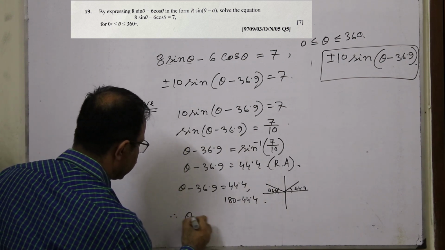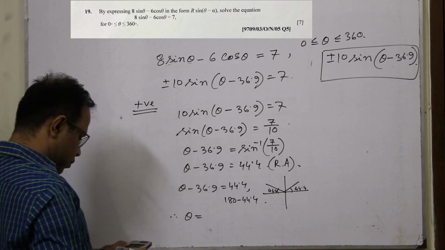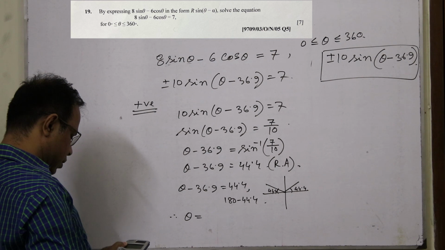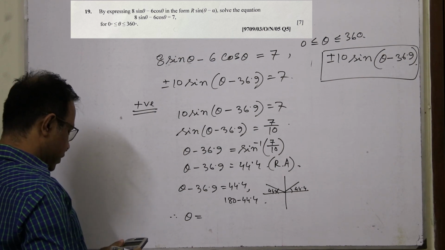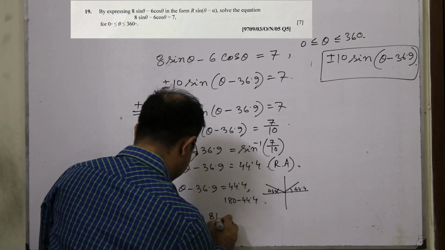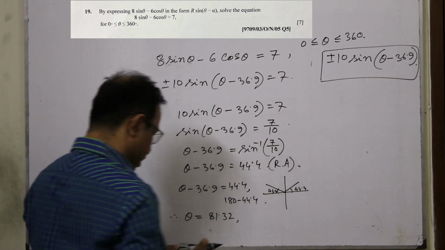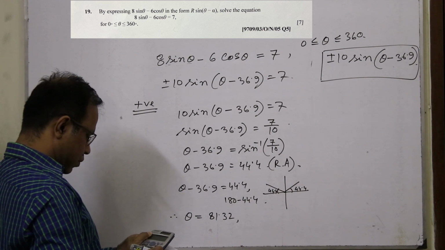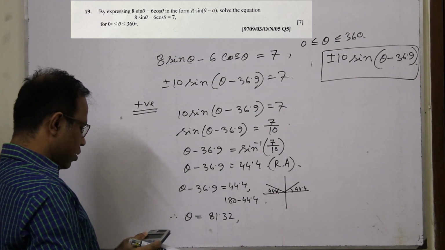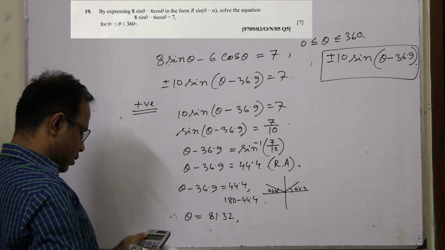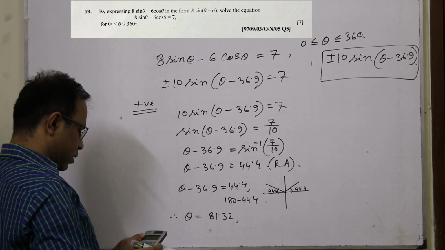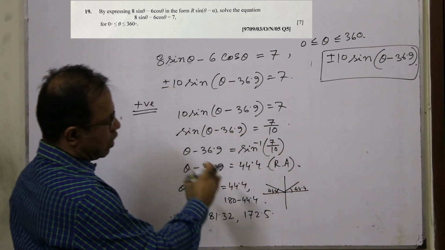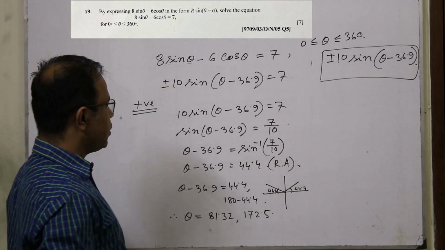So finally theta equals 44.4 plus 36.9, which equals 81.3, and another one is 180 minus 44.4 plus 36.9, which is 172.5. Both are in our solution.